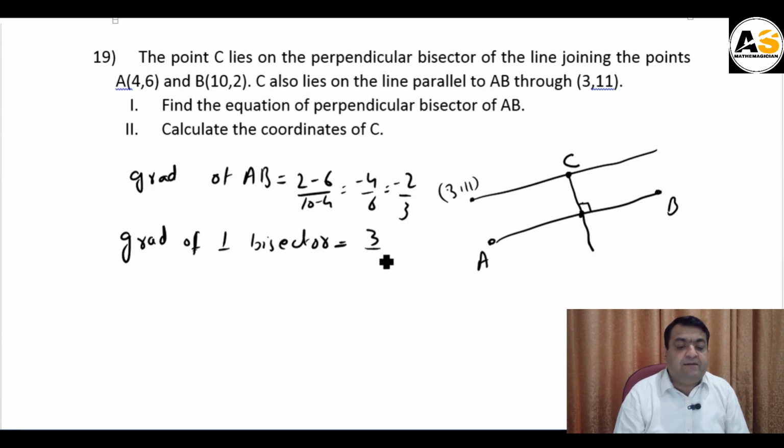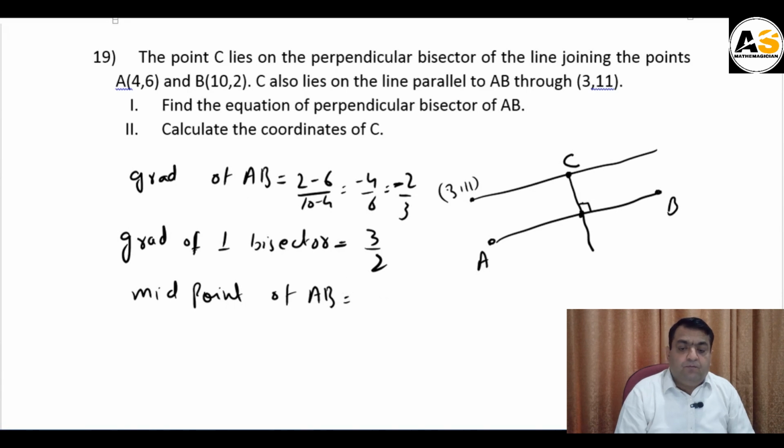It's negative reciprocal. Minus 2 by 3 is negative. Midpoint of AB is 4 plus 10 over 2. 4 plus 10, 14 over 2, 7. And 6 plus 2, 8 over 2, 4. So this is midpoint of AB.